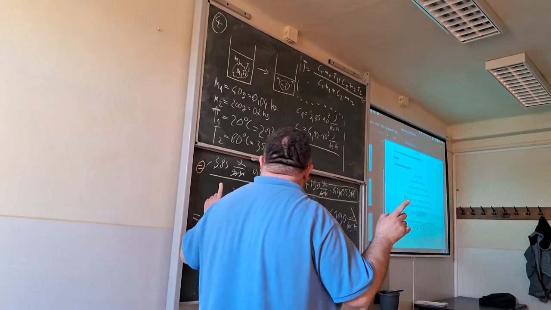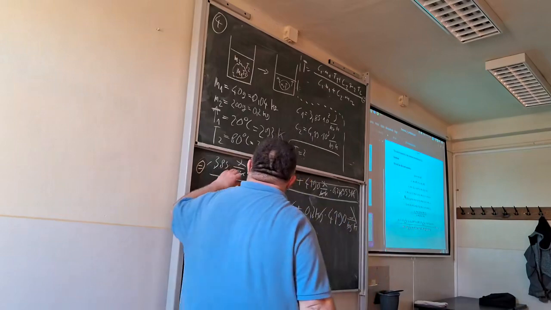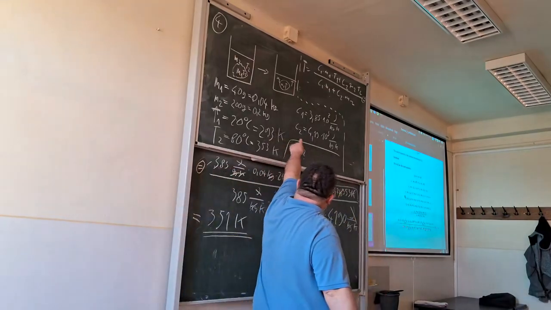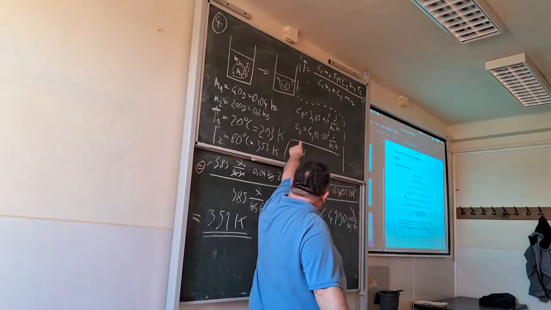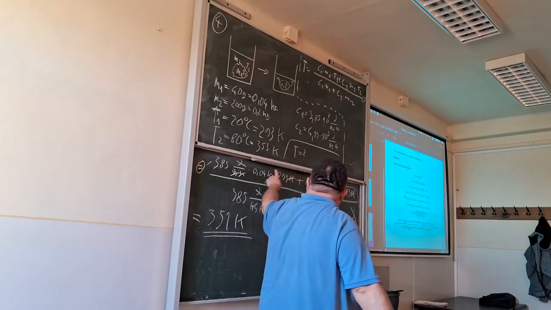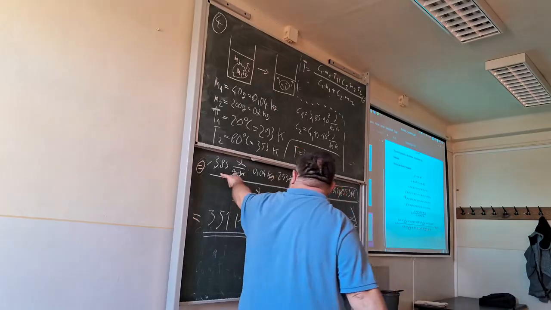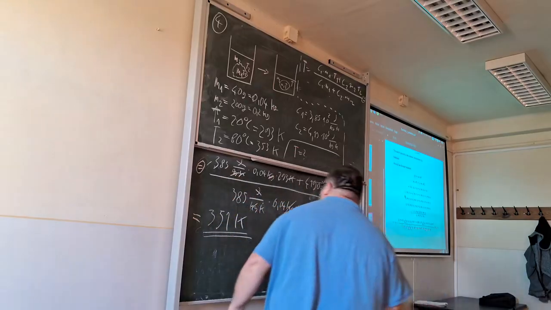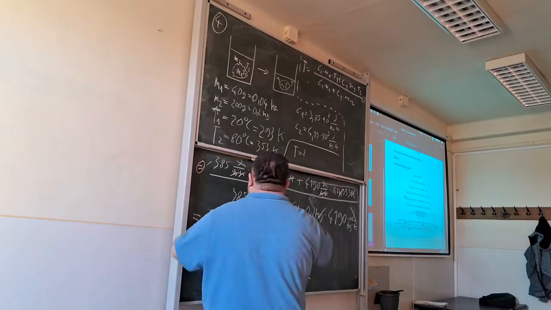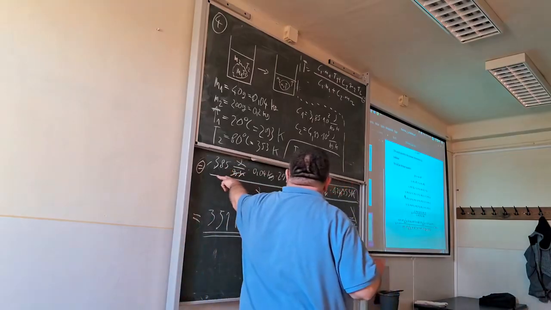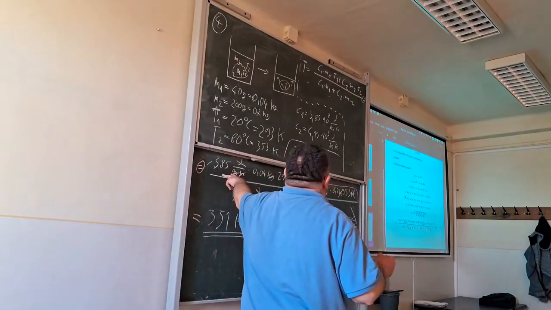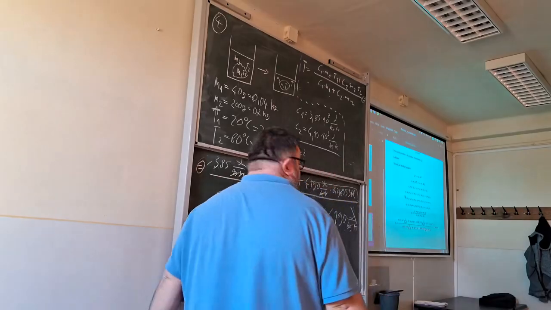There are two things. One, check C1, the specific heat, C1 and C2. If I write normal numbers, it's 9 times higher.